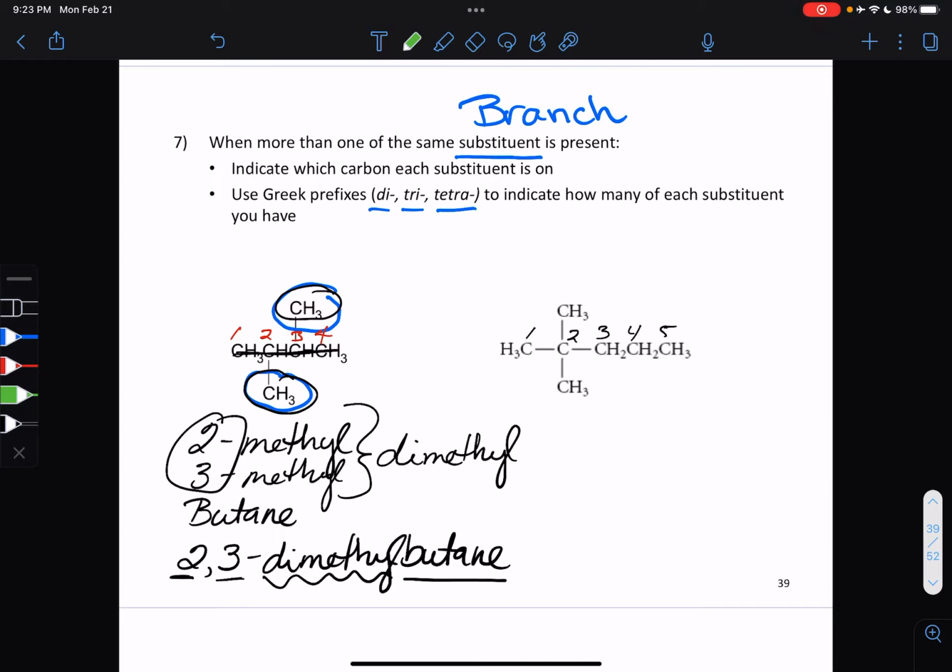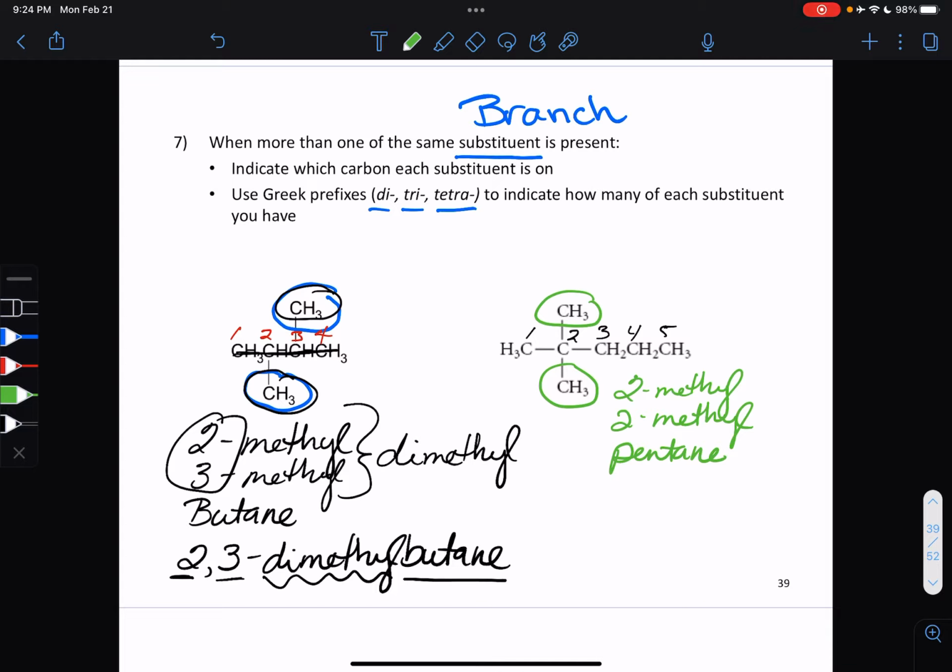Okay, so we're back to this one right here, and we've got a methyl on carbon 2 and a methyl on carbon 2. So we have a 2-methyl, and we've got 2-methyl, and a 5-carbon parent chain is pentane.